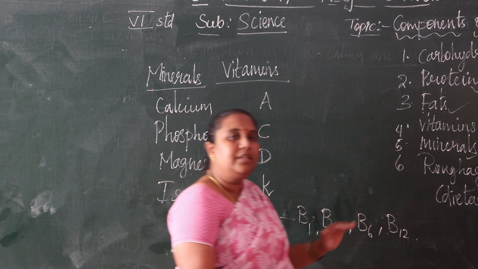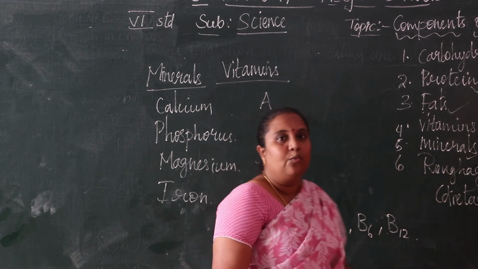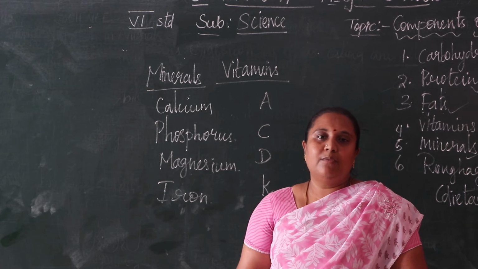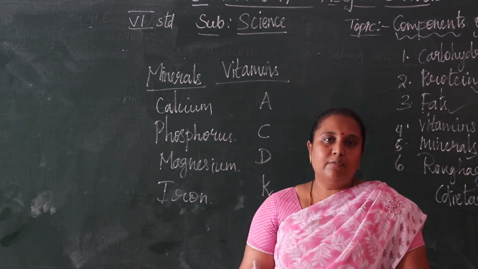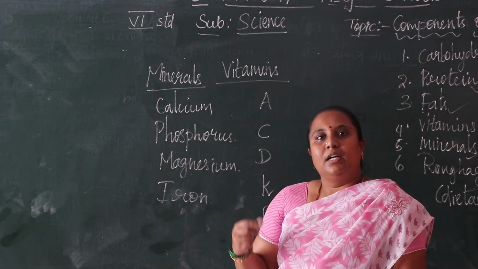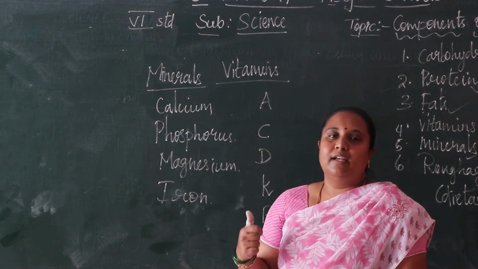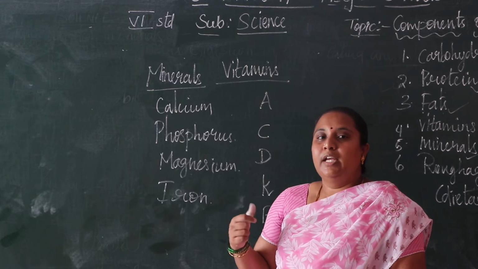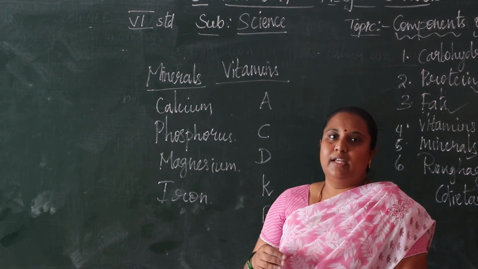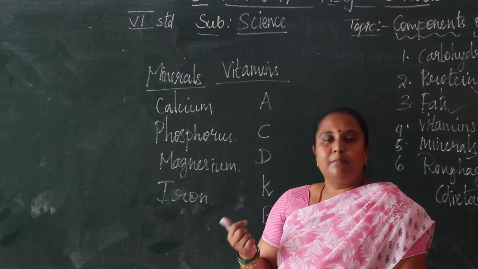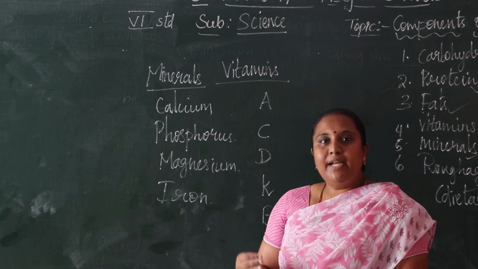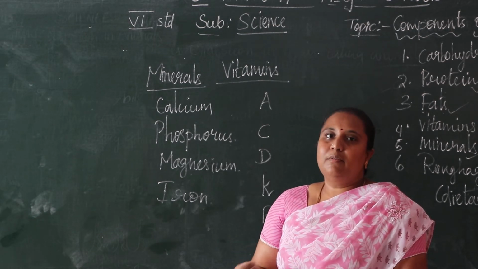From these two, vitamins and minerals, we are getting so many important things in our body. They improve the growth and give strong health for our body. They improve the growth of the organs in our body, and then they maintain the organs in our body.